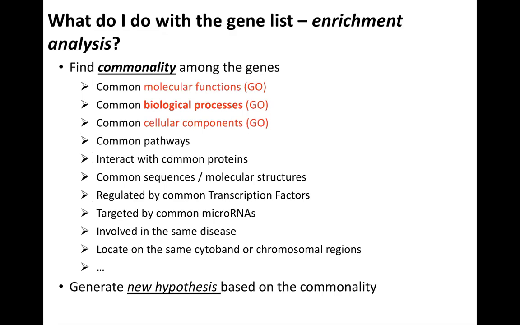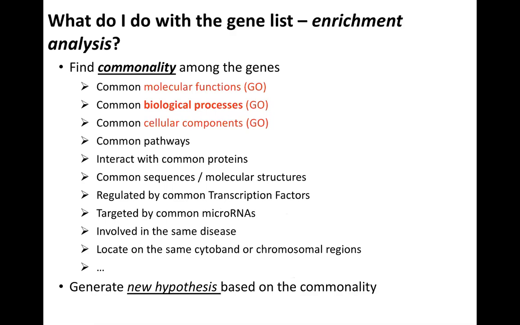For example, are they all involved, or most of the genes in your list are involved, in cell cycle process, or maybe involved in immune response, or maybe involved in the NF-kappa B pathway, or they may commonly interact with some gene, or they may commonly be regulated by a transcription factor or a set of transcription factors.